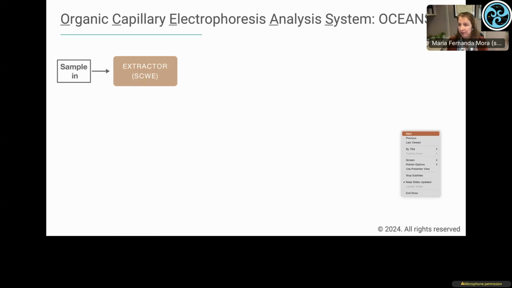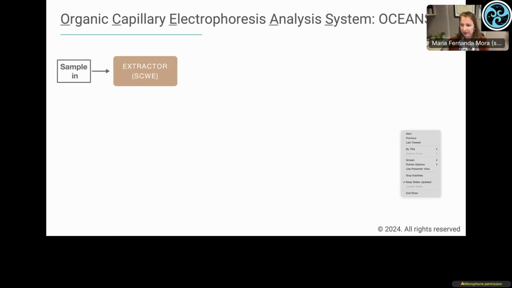The instrument that we're developing in our group now, we call it Oceans, very clever name, for analysis at ocean worlds. So it's the Organic Capillary Electrophoresis Analysis System. And very briefly, it has multiple components. So we take a sample. In some cases, we do some processing of the sample that includes some extraction.